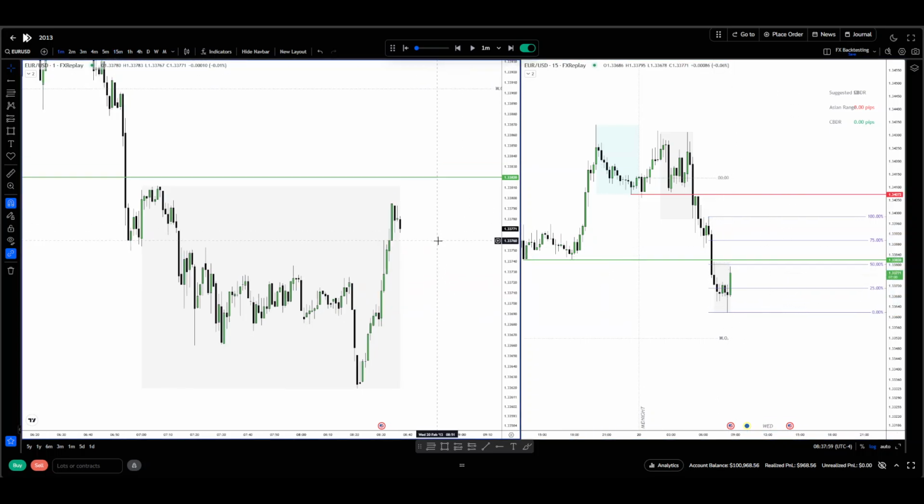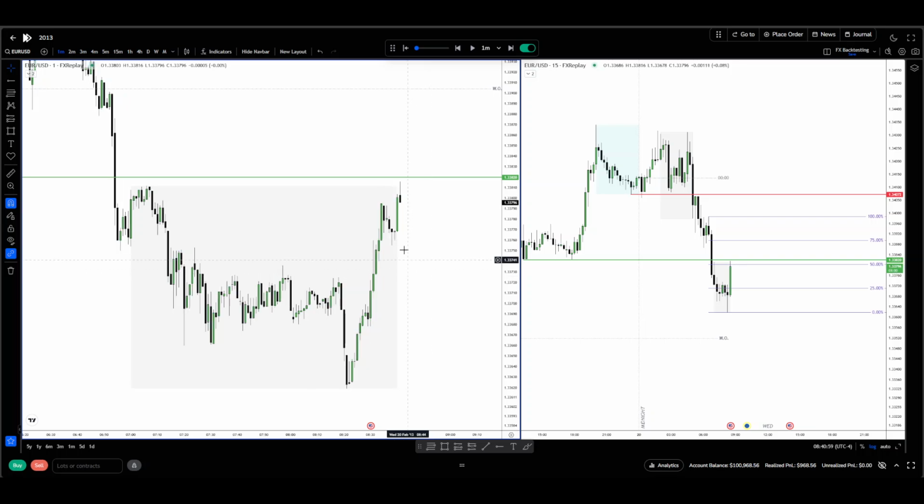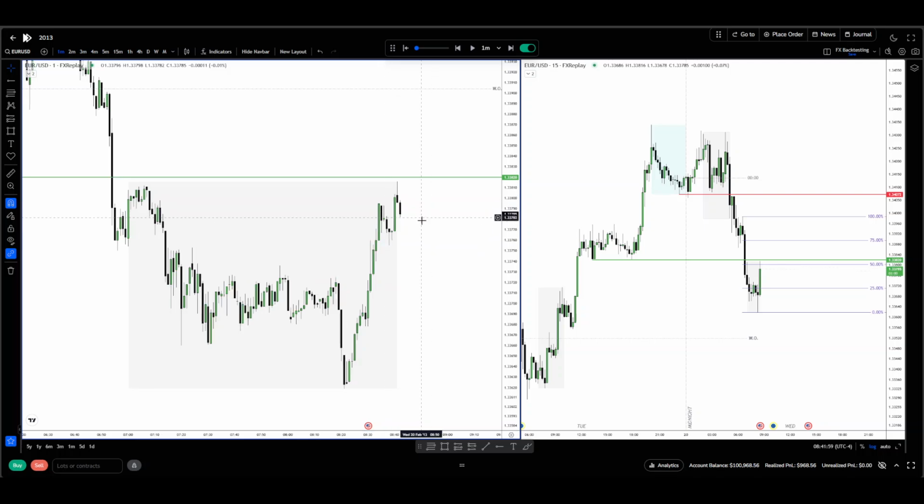So I'd like to see the price taking out these highs before taking shorts, which it does right now. So it takes out the current session high, and now it can find resistance to push price lower inside this fair value gap and these old lows.